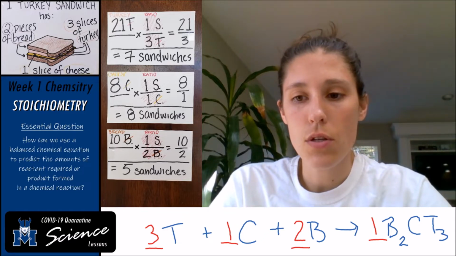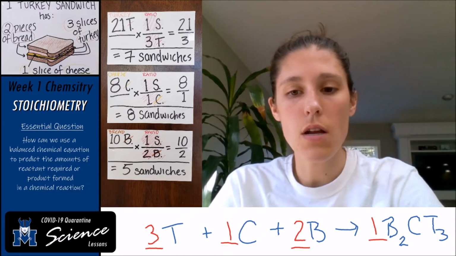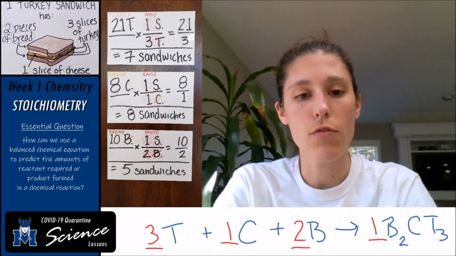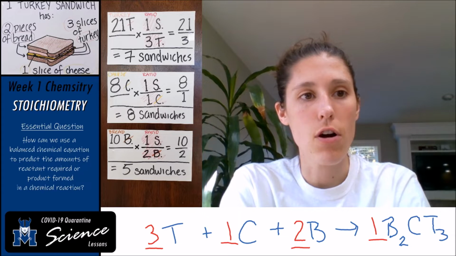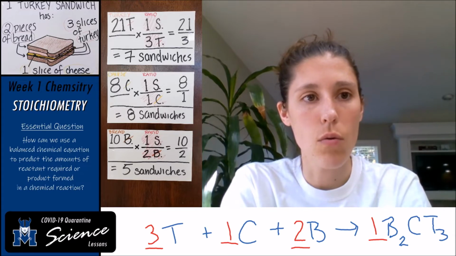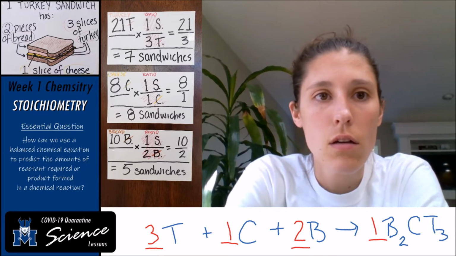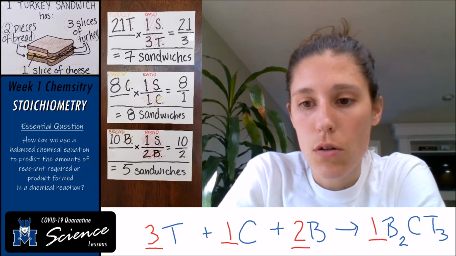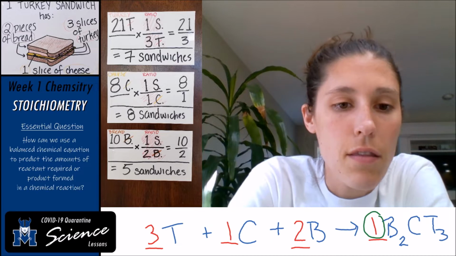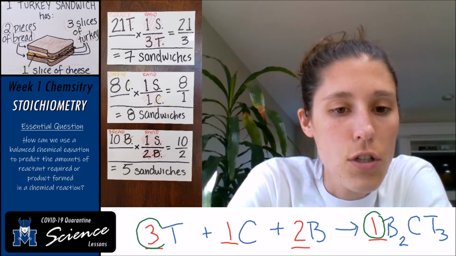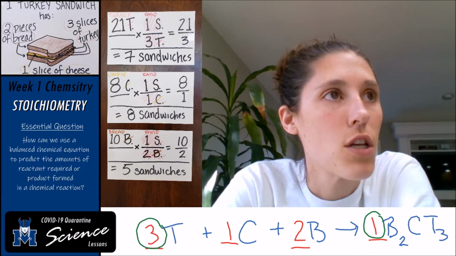The ratios that we used were these numbers. If we were figuring out how many sandwiches we can make from the turkey, our ratio was 1, which is our sandwich coefficient, because that's what we're trying to find, divided by the 3, which is our coefficient of the turkey, the amount that we were given.